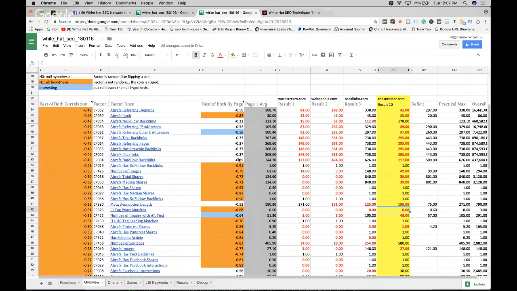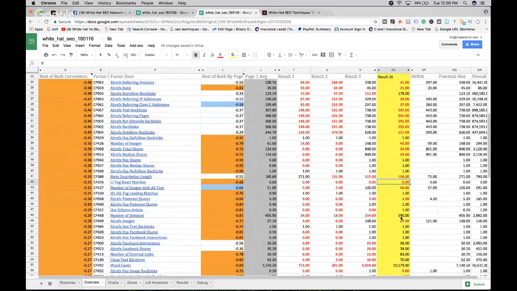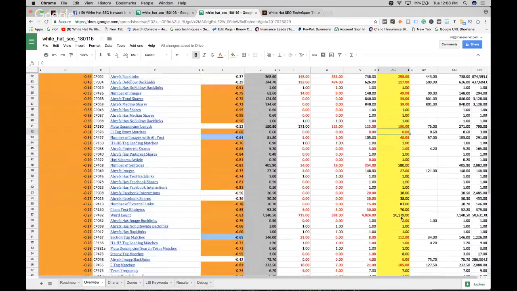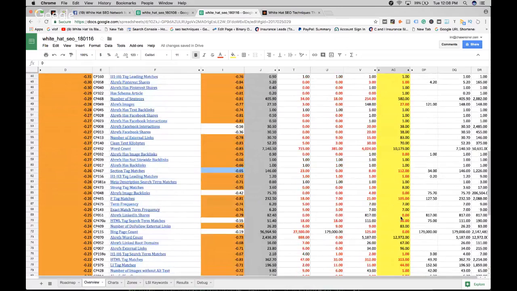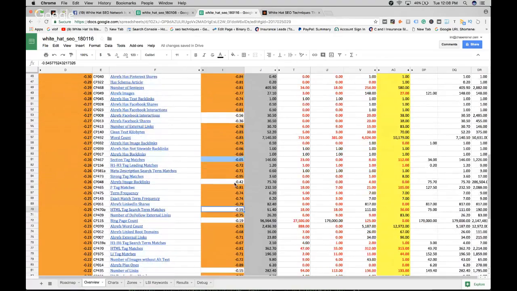Whichever one of those 4 things is largest becomes the practical maximum. That way we're always tuning towards the top of page 1. And your deficit is just the practical maximum minus your factor measurement in that yellow column.